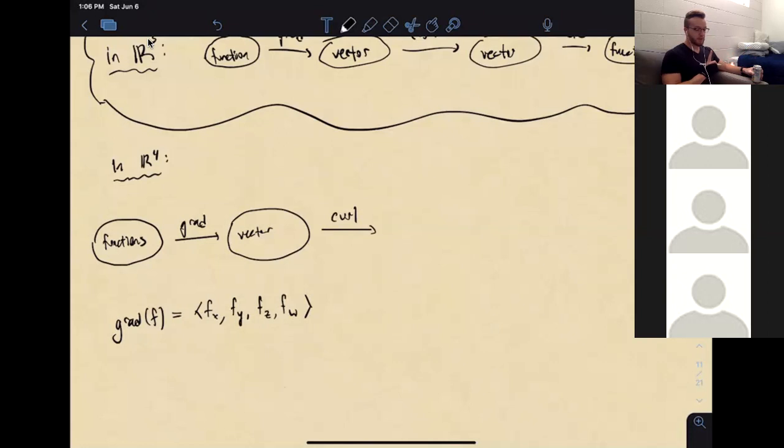And do you think the curl spits out a function or a vector or what? What do you think? Damn it. Not off to a great start.